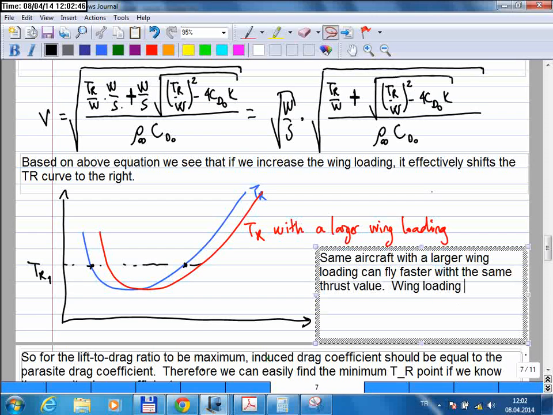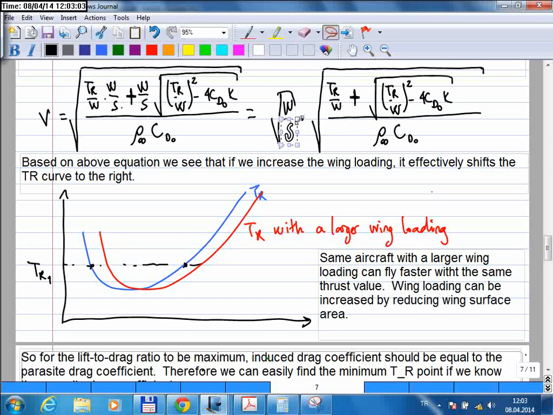Wing loading can be increased by reducing wing surface area, right? Since wing loading is the ratio of W to S, you can make wing loading larger by making the wing surface area smaller. And here it looks like if you can increase the wing loading, then you can fly faster.